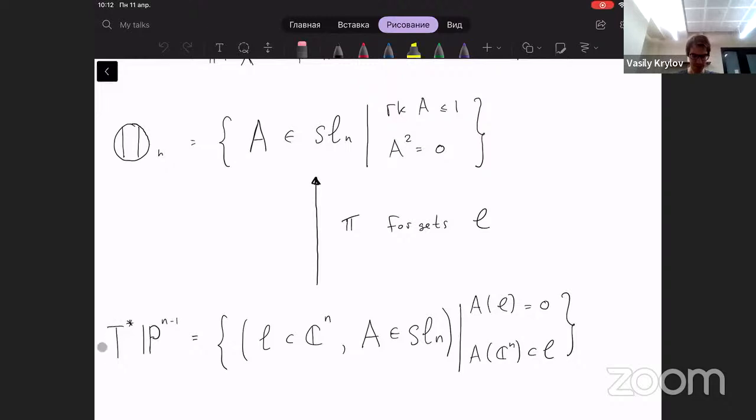So the symplectic form here is the standard symplectic form on T star P^(n-1) as a cotangent space. And the Poisson structure here comes from the Kirillov-Kostant Poisson bracket on SLN star. So this variety is a subvariety inside SLN, a Poisson subvariety, and we just restrict the standard form from SLN to it.